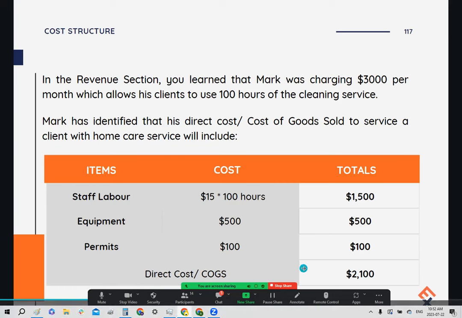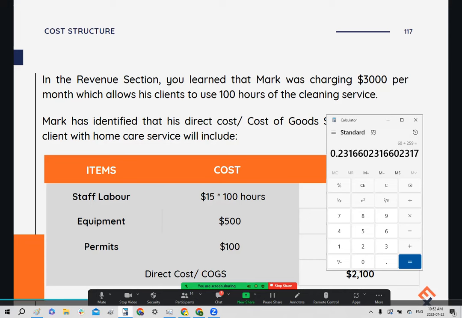Yes, and I see Wengishi has the first one, and that is correct. What was her answer? Yes, so 3,000 minus 2,100, and Ryan's gonna do it on the screen there for us.